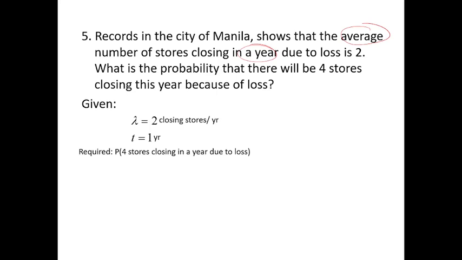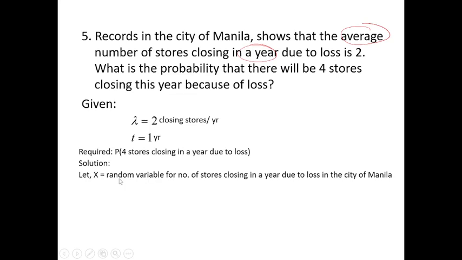Okay, let's answer. Solution. Let X equal the random variable for number of stores closing in a year due to loss in the city of Manila. That is our concern, number of stores closing in a year, because the question is the probability that there will be 4 stores closing.